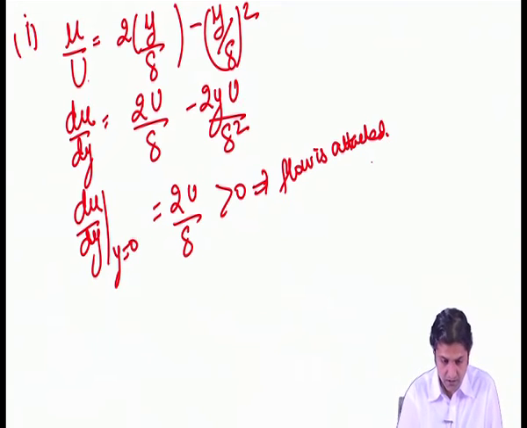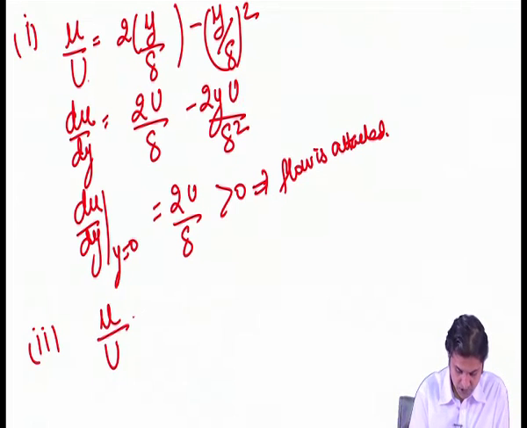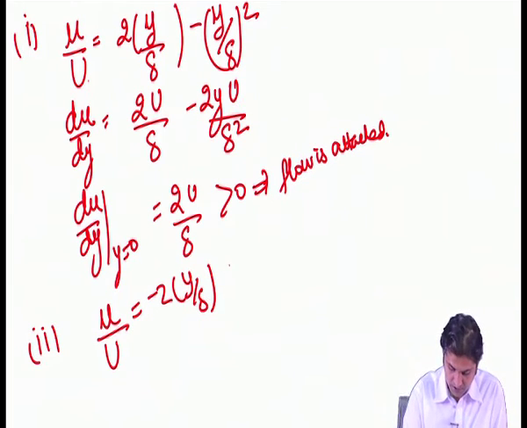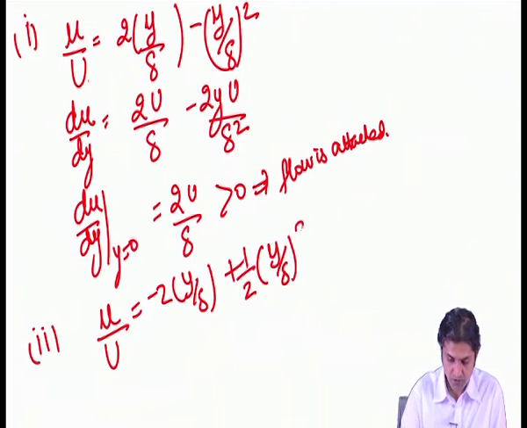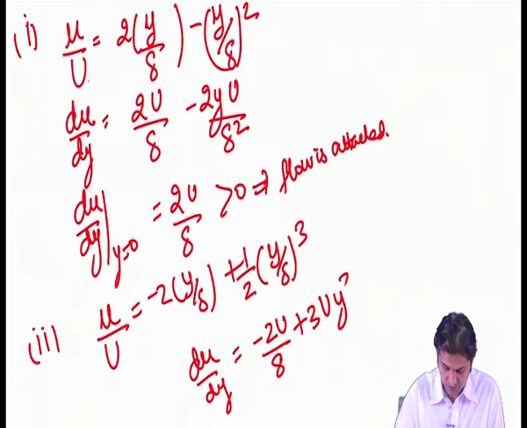The second velocity profile, where u/U is minus 2y/δ plus half (y/δ)³. Here du/dy is going to be minus 2u/δ plus 3uy²/2δ³.